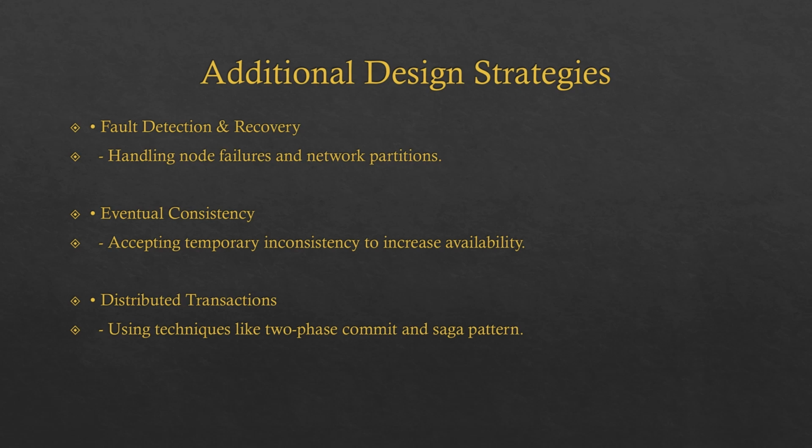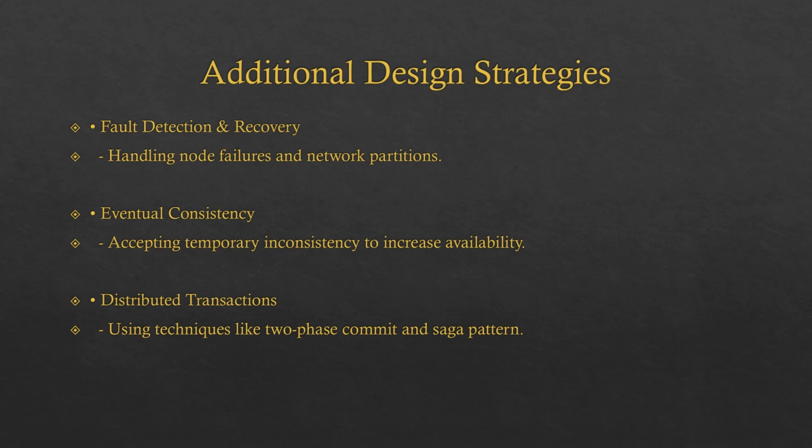In addition to the core design principles, there are several strategies that can help optimize distributed systems. Fault detection and recovery. Systems should be able to detect node failures quickly and recover from them without significant downtime. Eventual consistency. In some cases, it's acceptable to have temporary inconsistencies in data which can be resolved later.